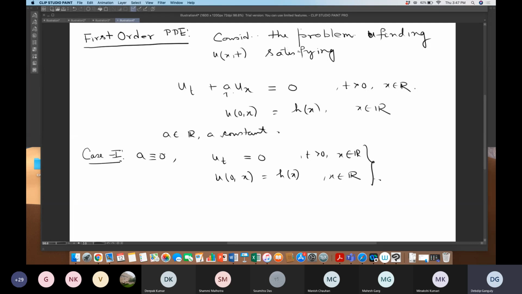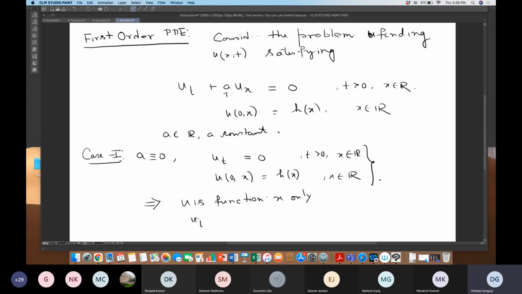So what can you say? u does not depend on t. u is a function of x. So this implies u is a function of x only.